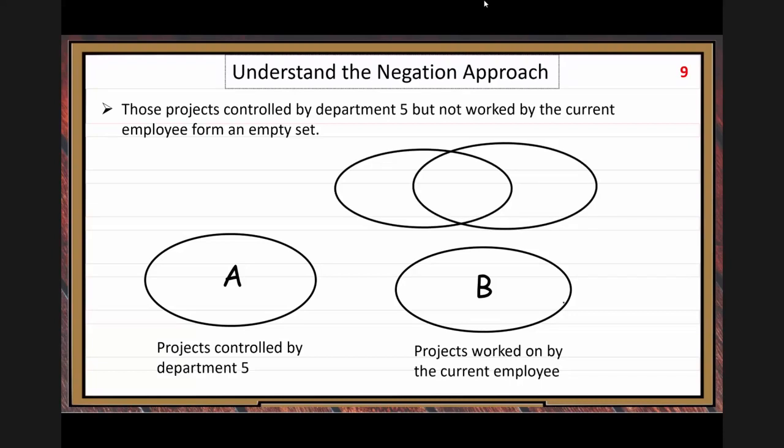Usually there should be some overlap, right? And A except B, that's this part. You can see if A except B is empty, then A is completely inside B.